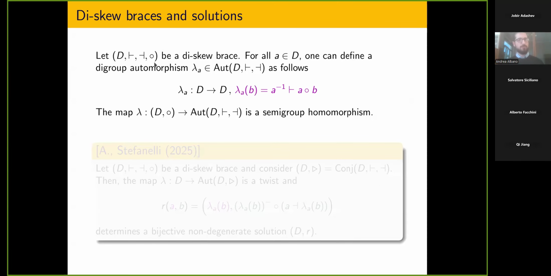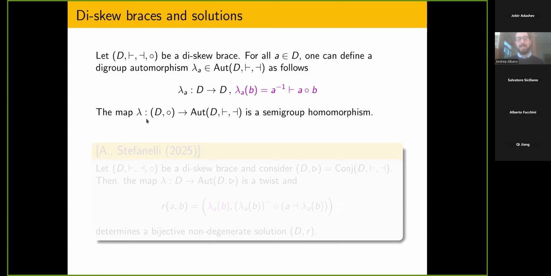Now, let's speak of solutions. Take a di-skew brace, your favorite one, if you have one, and define a map, lambda A, for all elements A in the set D in this way. Lambda A acts on B exactly as the lambda map from skew braces would if the left bar operation were the plus operation. So, of course, there are similarities here between the theories.